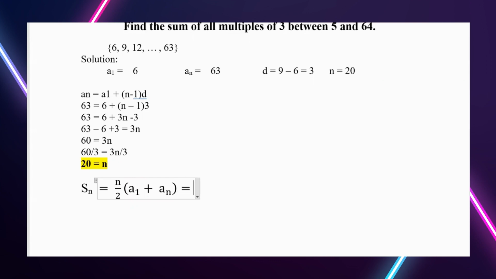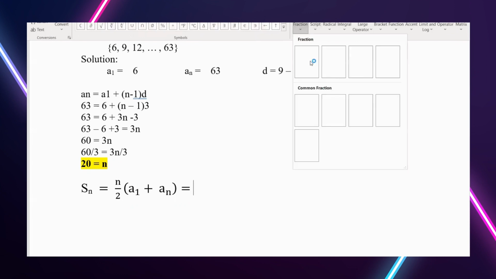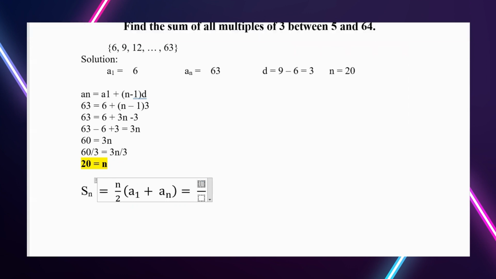Para mas madali natin siyang ma-solve, gamitin natin ang unang formula. Okay? So, isubstitute na natin ang mga values. So, ang value ng n ay 20. Very good. We have divided by 2 times ang value ng a sub 1 natin ay 6 plus ang value ng last term natin ay 63.